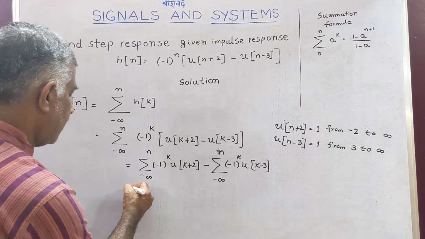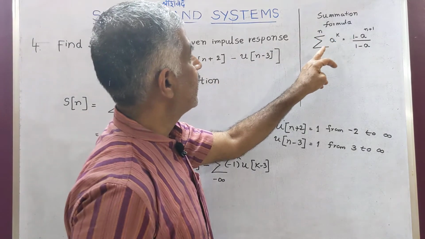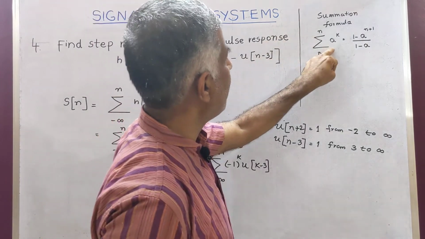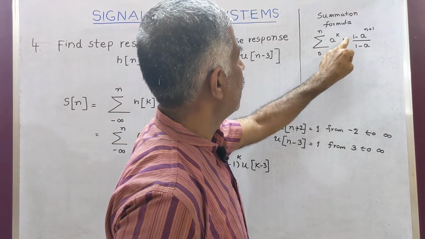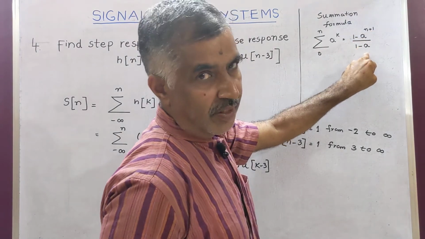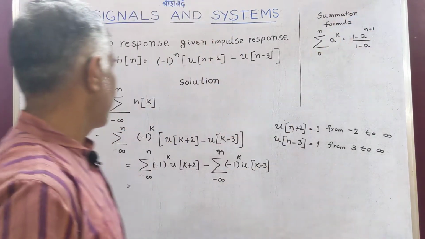And remember this formula: summation 0 to n of a to the power k is equal to 1 minus a to the power of n plus 1 divided by 1 minus a. I will make use of this formula.